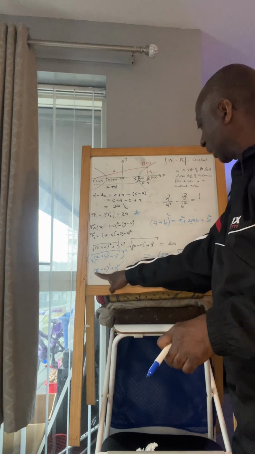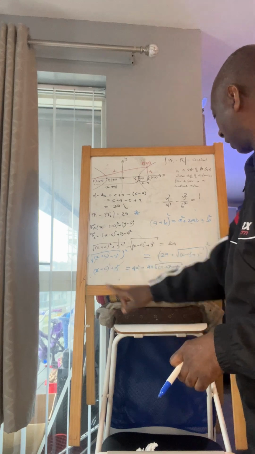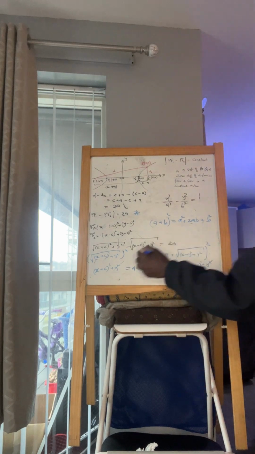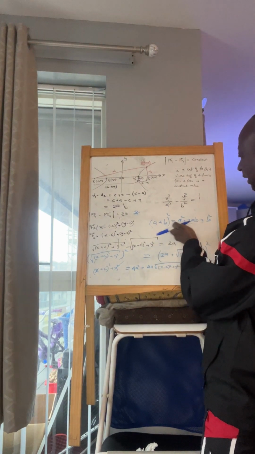So we're going to expand this. This is x plus c squared, and here x minus c squared. They are not the same. This is minus, this is plus here. What we did here, we'll do it here.